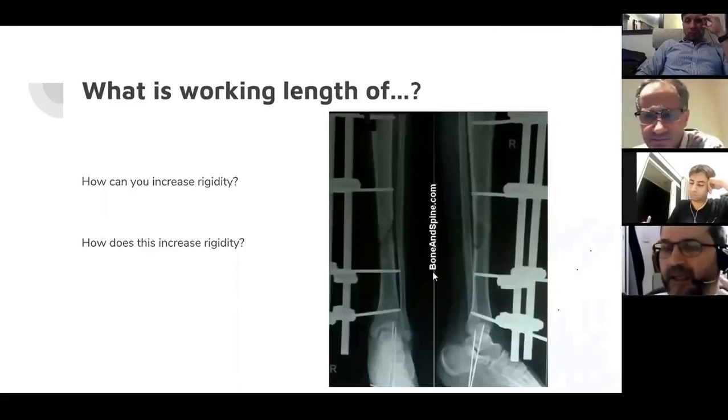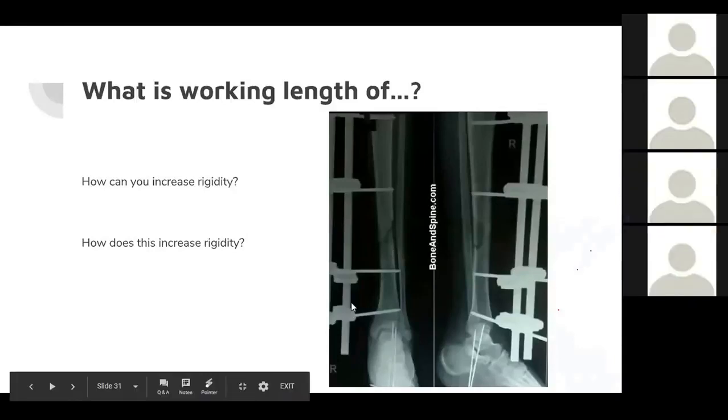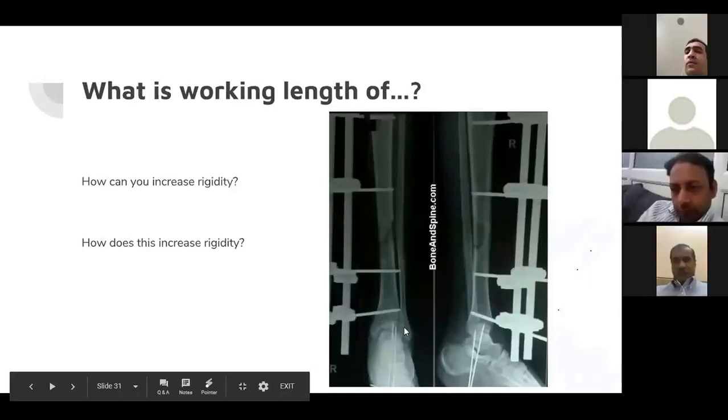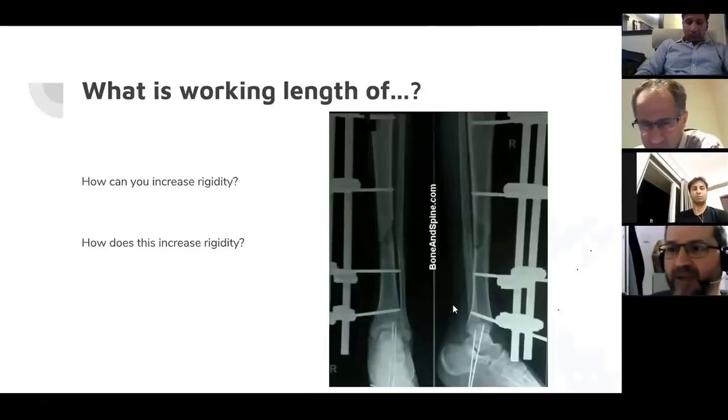Excellent. In addition, I could increase the number of screws, pins on each side. You could, but do you think that's going to make a big difference? No, that's the least of all of the factors, but that adds as well. We've talked about I could add the thickness of the bars themselves. So instead of using a 5 millimeter, I could use a 6 millimeter.